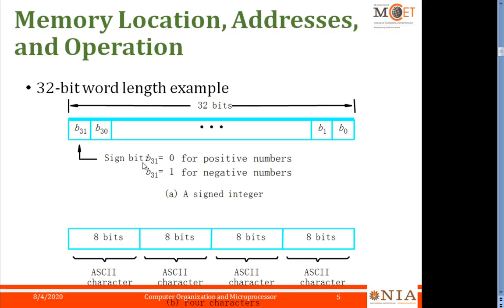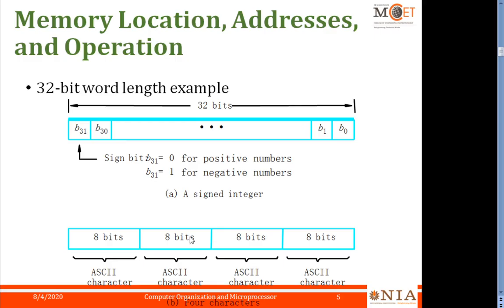So I have allocated the most significant bit, that is B31, for representing the sign. All other remaining bits are used for representing the integer number. So B0 to B30 represent the value of the integer and the B31 bit represents the sign. If B31 is 0, then the integer is a positive number. If the value is 1, then the number is a negative number.